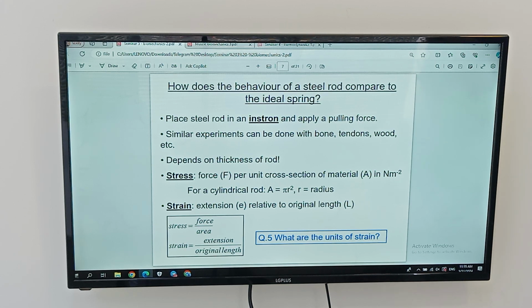The first one is the stress, which is the force that you applied on the rod. This force of the stress will affect the rod from up to down, and it will press on the rod.